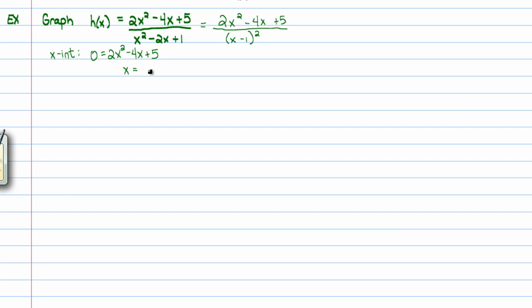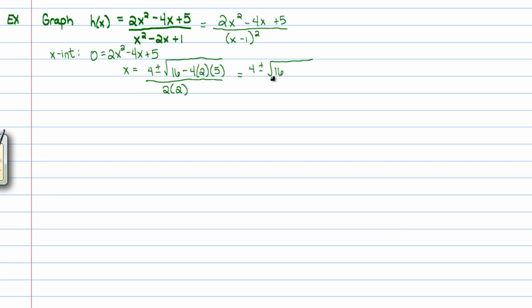So the opposite of the b value plus or minus the square root of b squared minus 4ac, all over twice a.